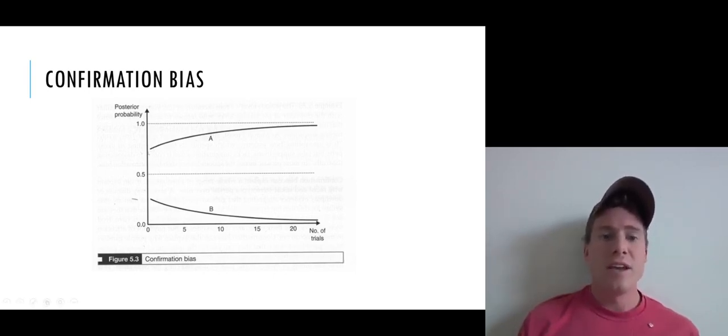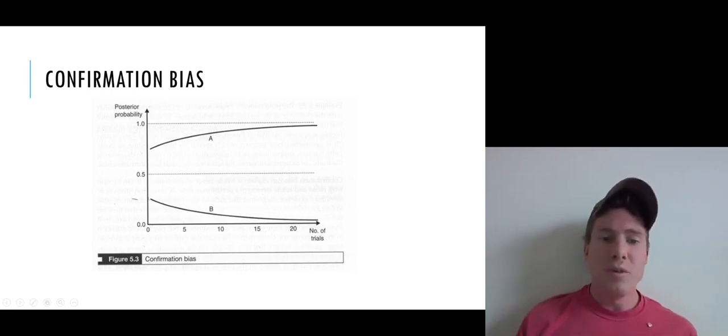In the case of an agent suffering from confirmation bias, as they get more and more evidence, they tend to overestimate how much that evidence supports the views that they were initially inclined to. So person A was initially inclined to think this particular hypothesis was true, and so for them the evidence leads them to get more and more confident that it's true.